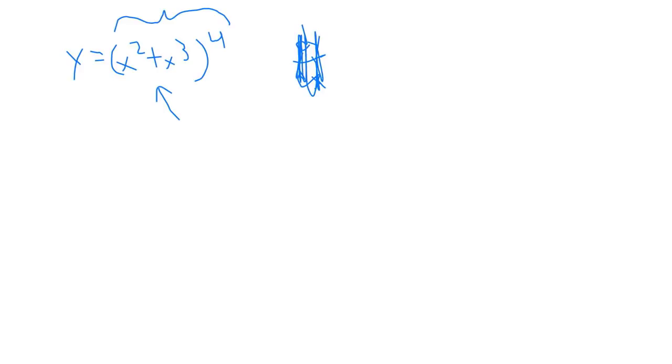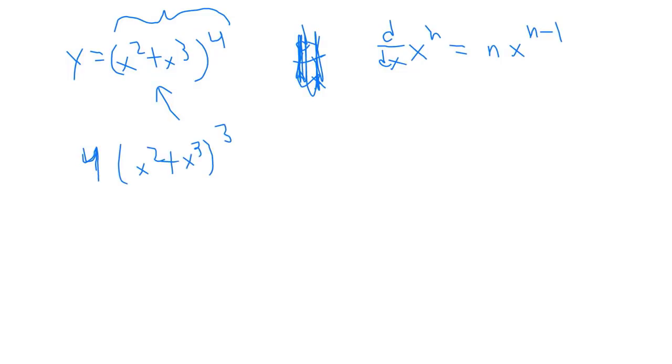So the chain rule, the question is y equals x squared plus x cubed to the 4th, and dy dx is, so when you take the derivative, you have to take the derivative of the inside, and then you also have to take the derivative of the overall thing. And so usually I do the overall one first. So if you remember your d dx of x to the n, so this is a power rule, then you would do 4 times x squared plus x cubed to the 3rd.